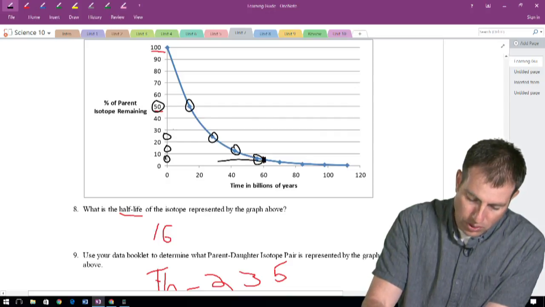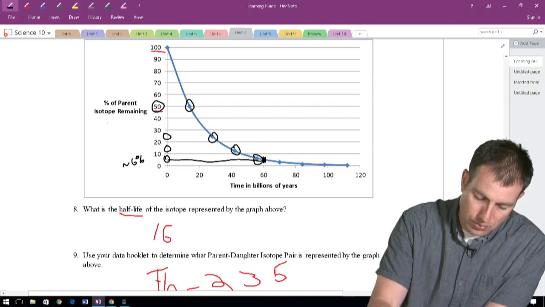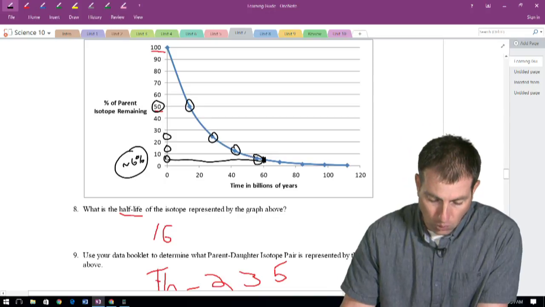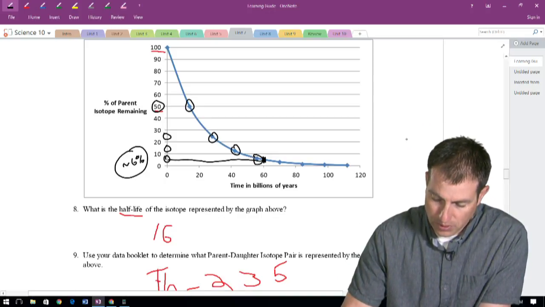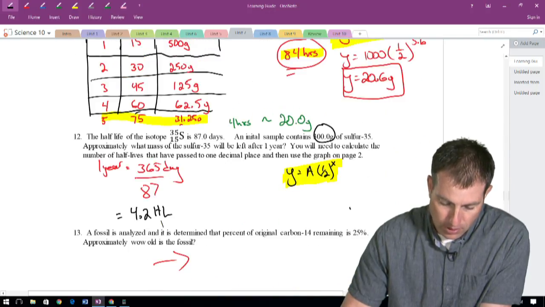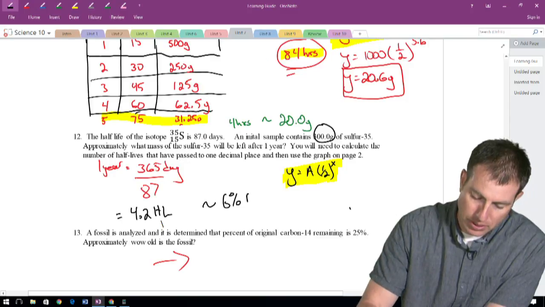If I went across, it's going to be about 6% remaining. So I start with 100. After 4-ish half-lives, I have 6-point-something% remaining. So if I go back to my question, I know that I have about 6% remaining.